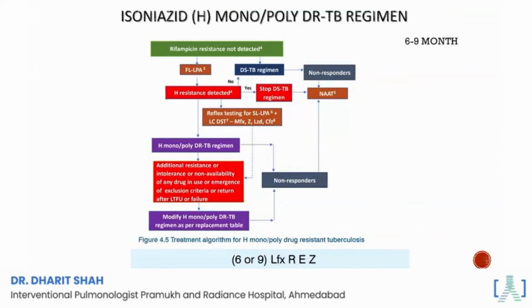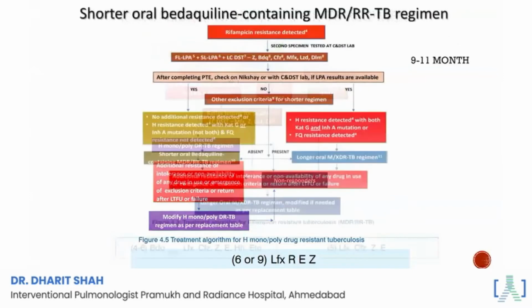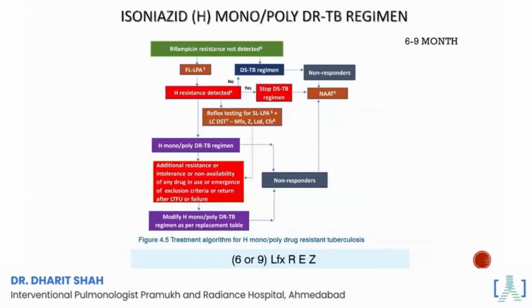The regimen is, as you can see with the pointer, 6 to 9 months of levofloxacin along with REZ. So this is the H regimen. We have to investigate 4 major drugs, whether they are sensitive or not.